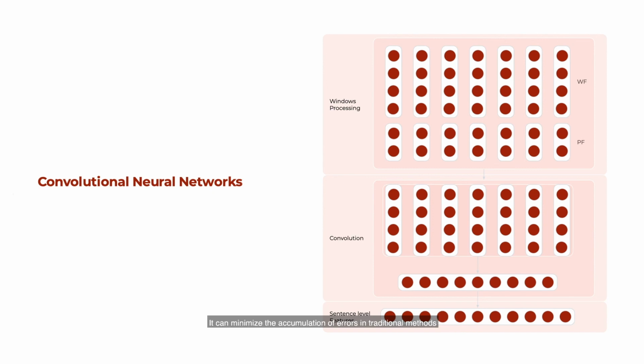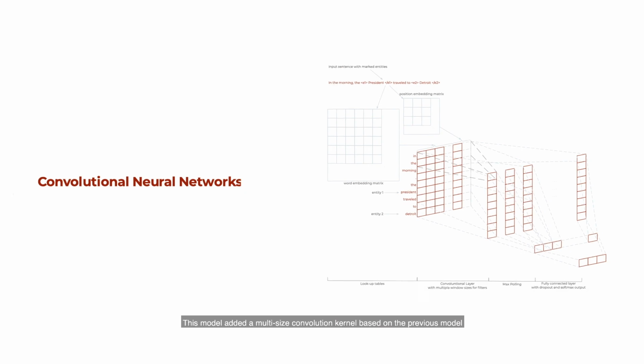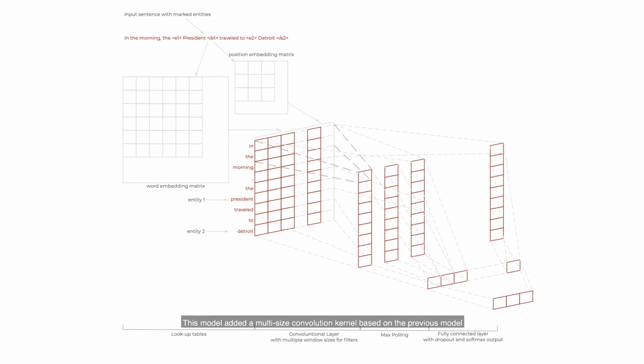It can minimize the accumulation of errors in traditional methods. This model added a multi-size convolutional kernel based on the previous model, so that more n-gram features can be extracted. At the same time, lexical level features are no longer used at all, and the sentence features are completely used.